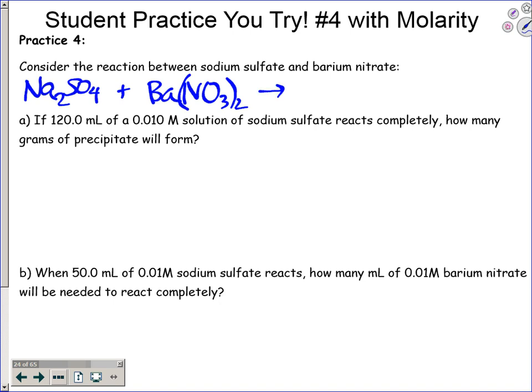Everybody, what kind of reaction is that? Double replacement. So give me the double replacement. Give me one of the products. Na, nitrate. So sodium is a charge of what? 1.